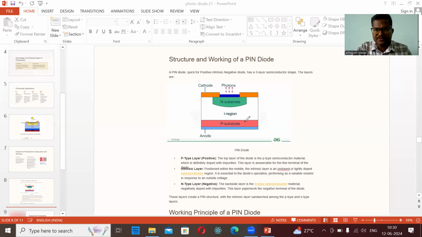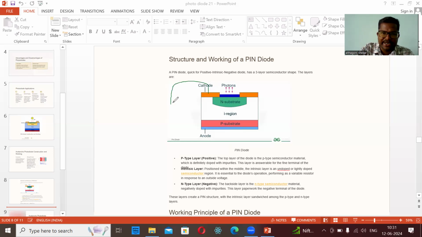The electron-hole pair gives one electron and one hole, meaning positive charge. The electrons are attracted by the cathode side and the positive charge carriers are attracted by the anode side. With forward bias connected, the charge carriers move in the forward direction.